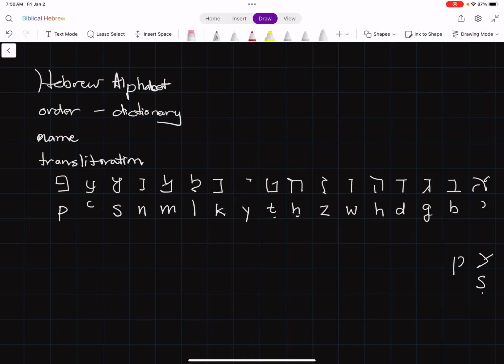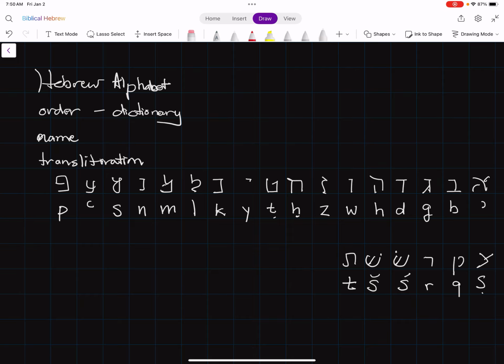Kuf is a Q. Resh is an R. This is a Sin, S with an accent mark. Shin, an S with a circumflex. Tav is a T.